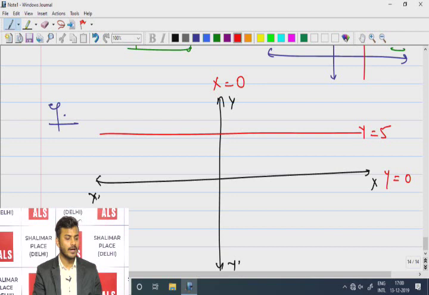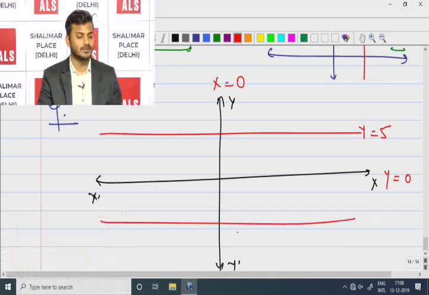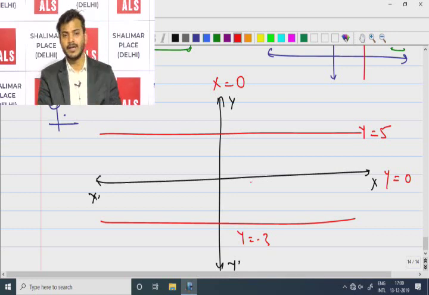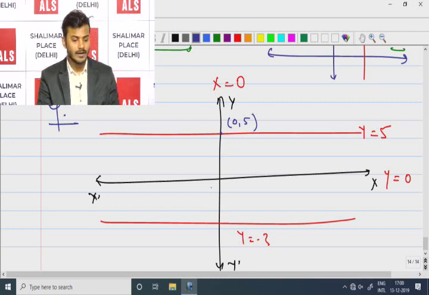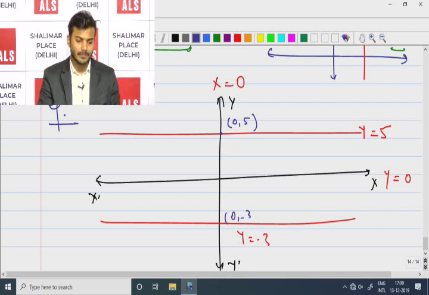Suppose y equals minus 3, a negative constant. Tell me what is the point here. This is (0, 5), right? This is (0, minus 3). These are nothing but the question itself. You will easily do all the questions if you understand this part. y equals minus 3.